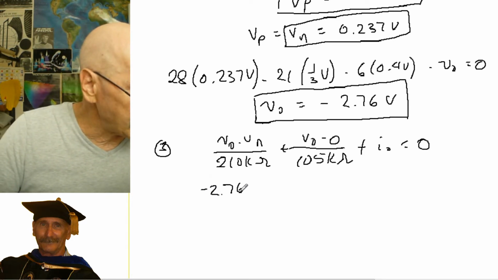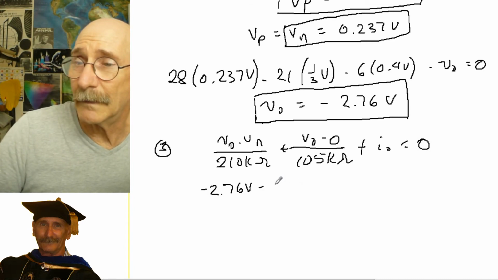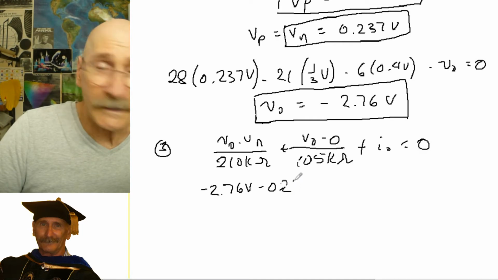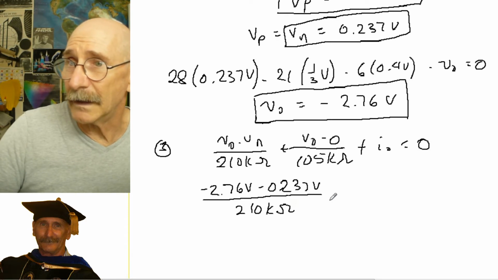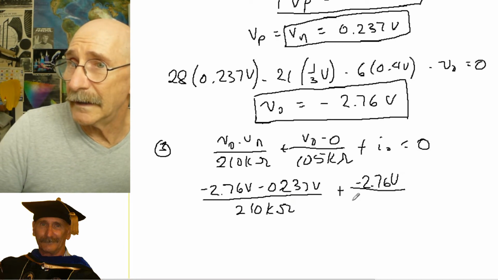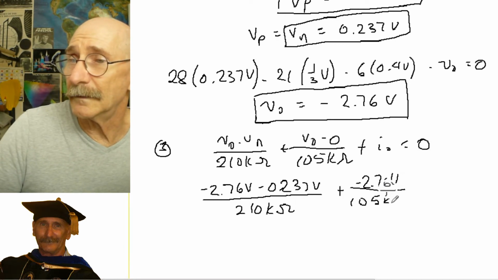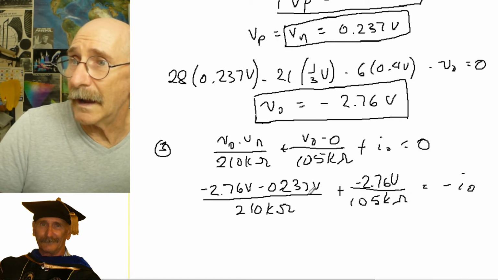We know V out is minus 2.76 volts minus V sub N, which is 0.237 volts, divided by 210K ohms, plus negative 2.76 volts divided by 105K ohms is equal to minus I out.